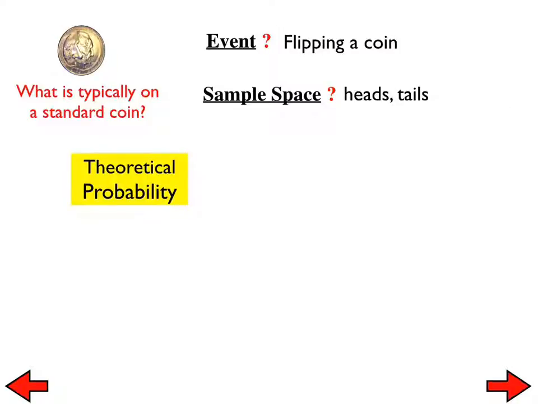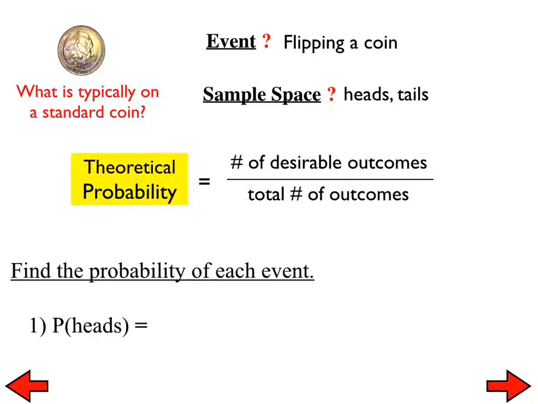So for theoretical probability, remember, it is the number of desirable outcomes over the total number of outcomes. So what do you think the probability is of tossing that standard coin and having it land on heads? Just say it. 50% as a percent. What about a fraction? 1/2. What about as a decimal? 0.5.